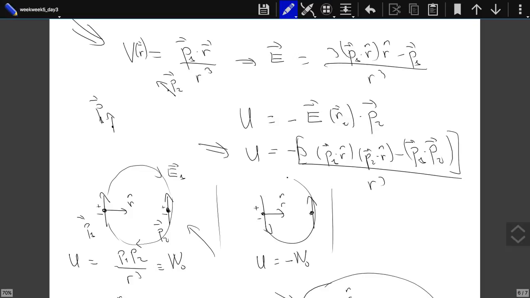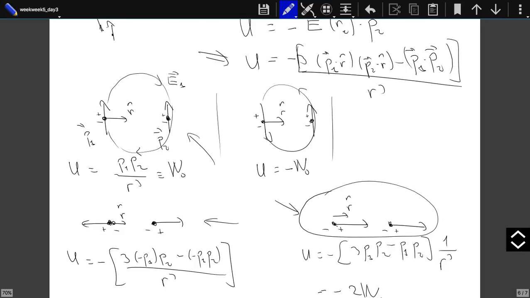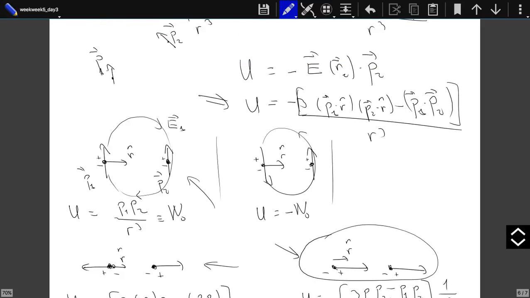So here the electric field will have this shape. So the second dipole is aligned in the direction of the electric field. Now, without doing an actual calculation, I wouldn't have a simple explanation without using any computation why this one is more favored than the other one.